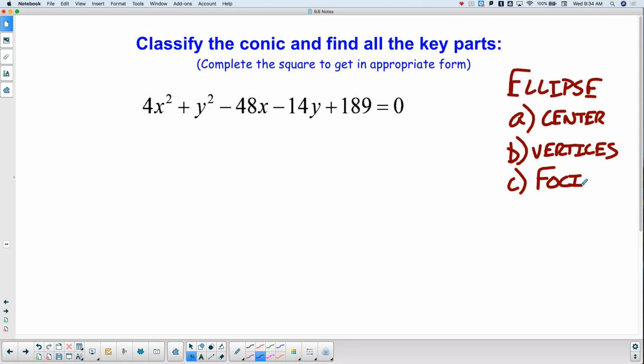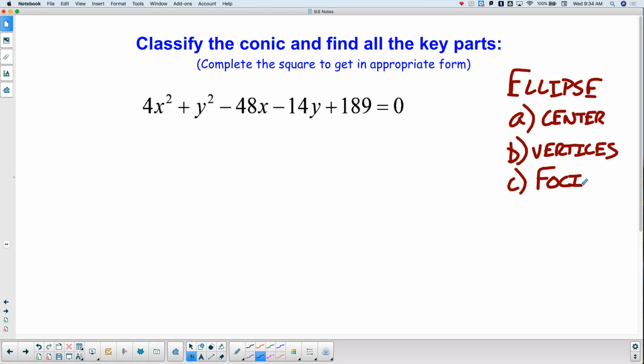Whatever I've trained you on what I want, that's what I want going forward. So on a parabola, what would I want? Vertex, focus, directrix, axis of symmetry. Okay? On a circle, what would I want? Center and radius. On a hyperbola, what would I want?